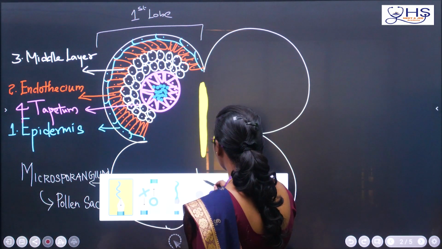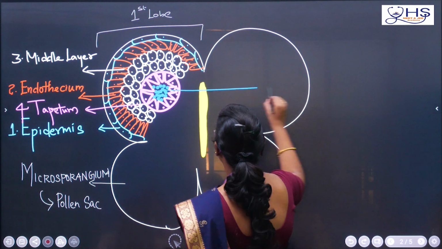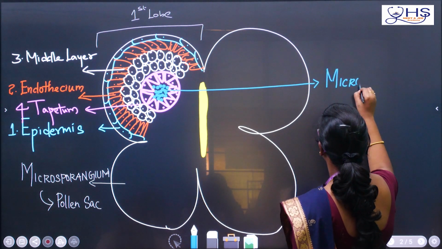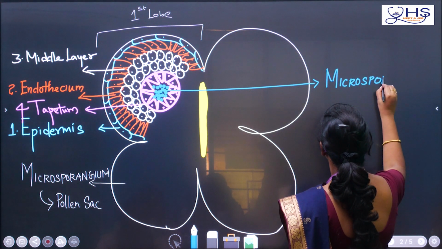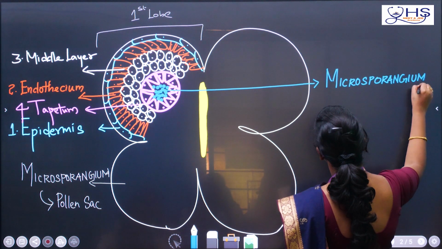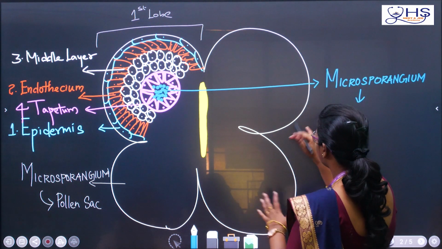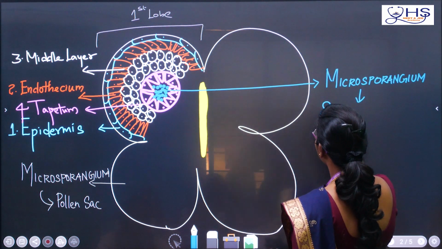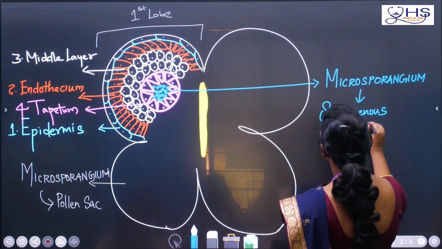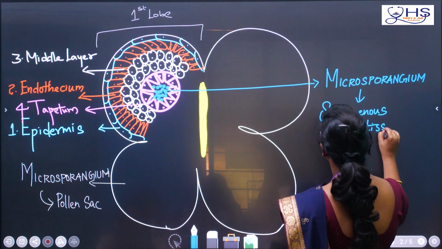The very first name we have given for this is microsporangia. If it is singular, microsporangium, which is nothing but the collection of sporogenous tissue. What is microsporangium? Collection of sporogenous tissue.